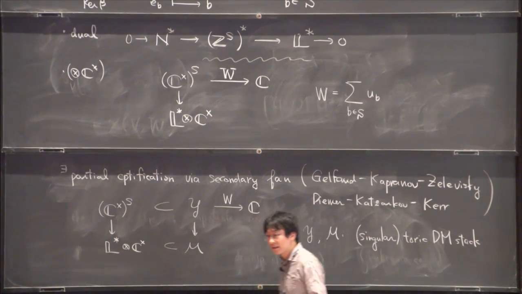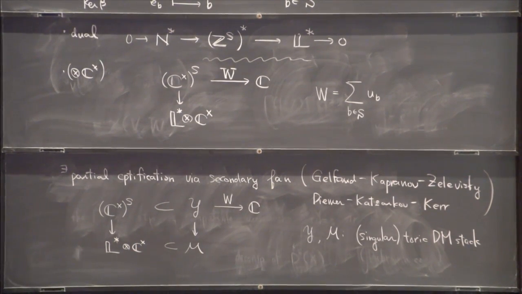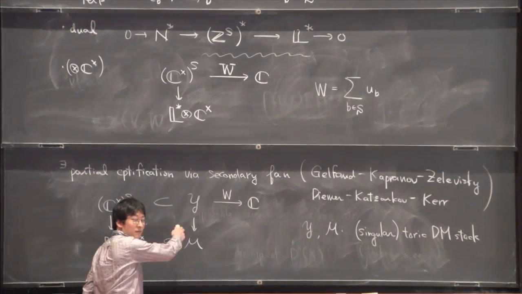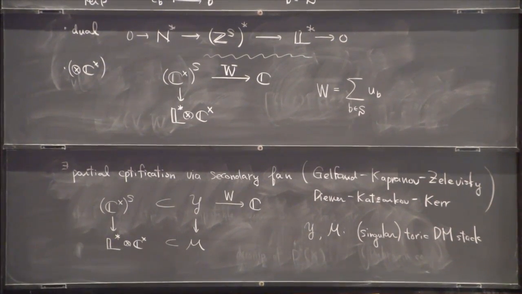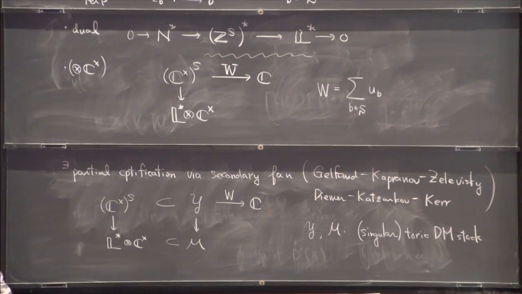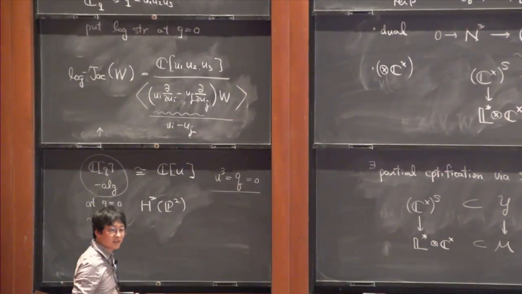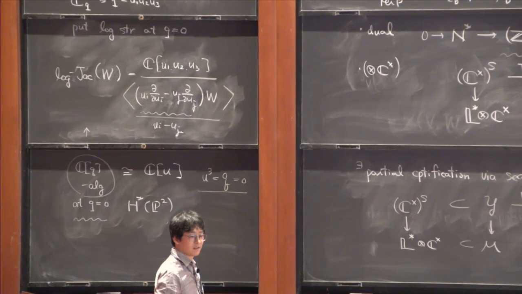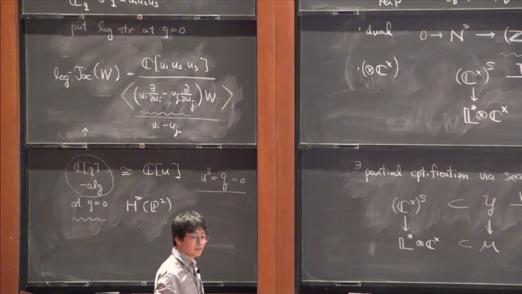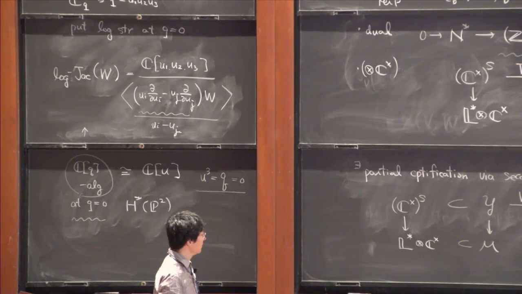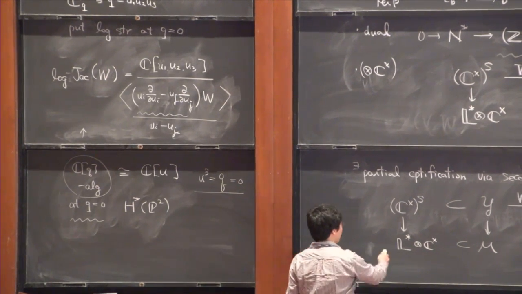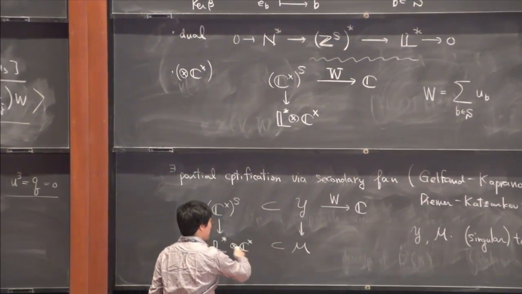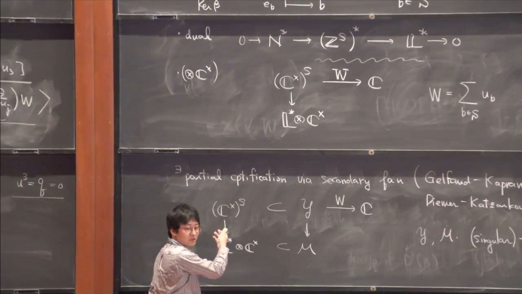The fibers, do they change? The fiber of this map, at the origin the fiber is a union of... No, what I mean is, if I take Q that's not at the origin and look at this fiber, is the fiber in Y a partial compactification of the fiber in C star to the S?